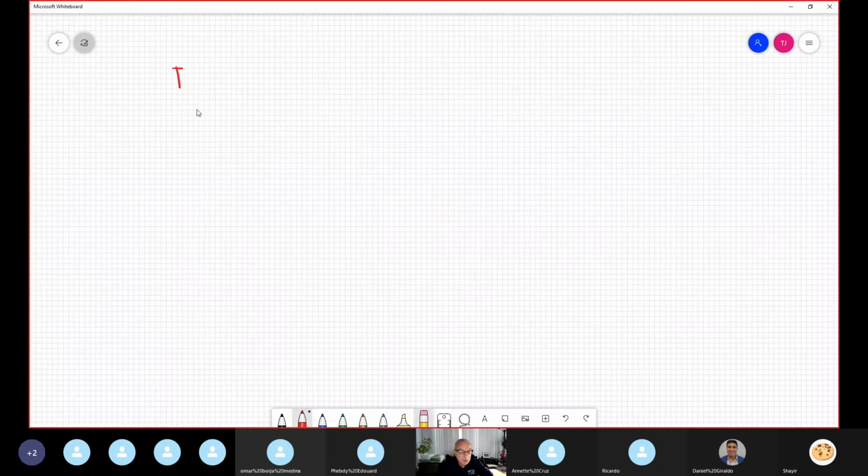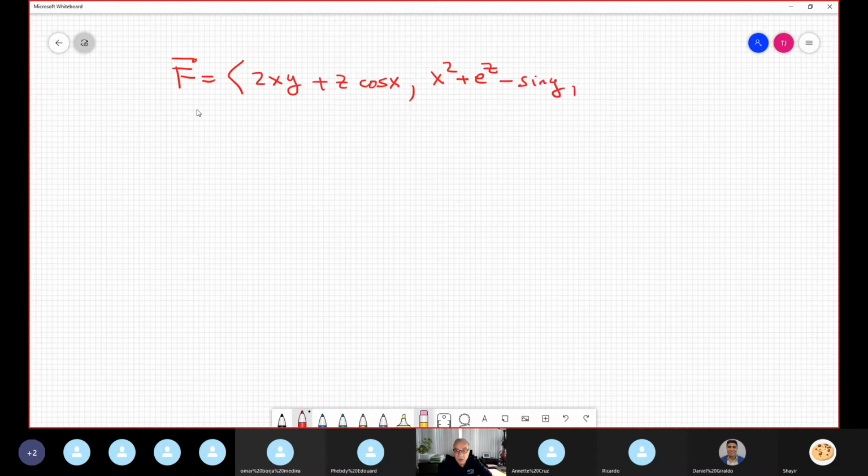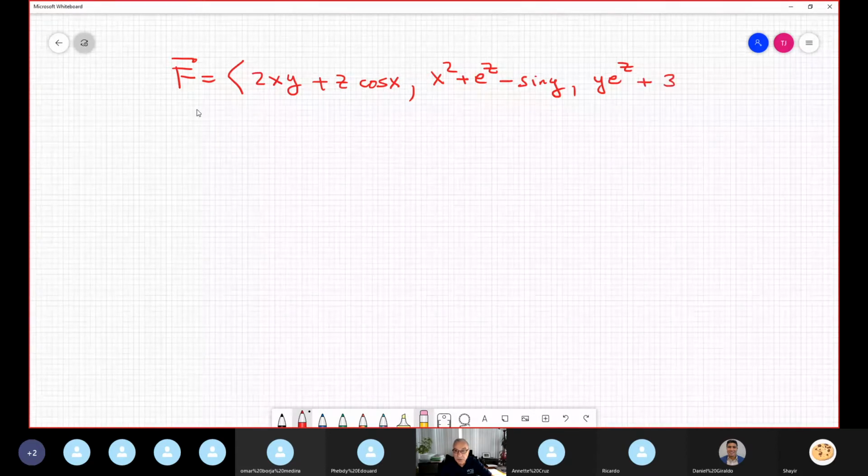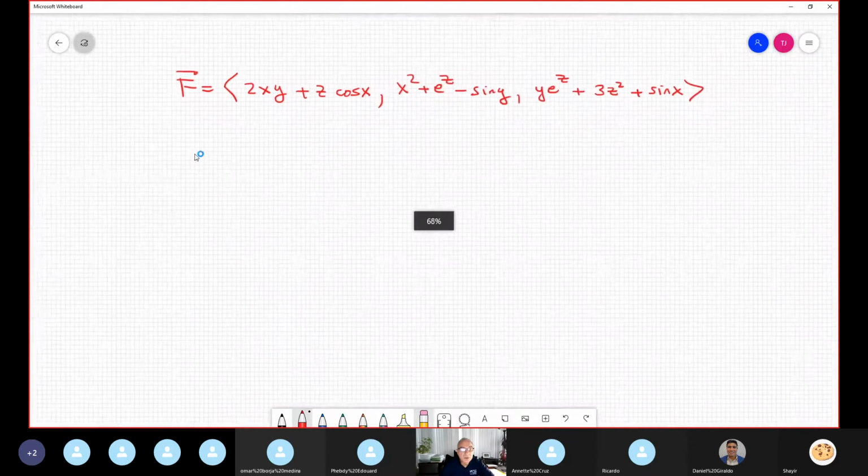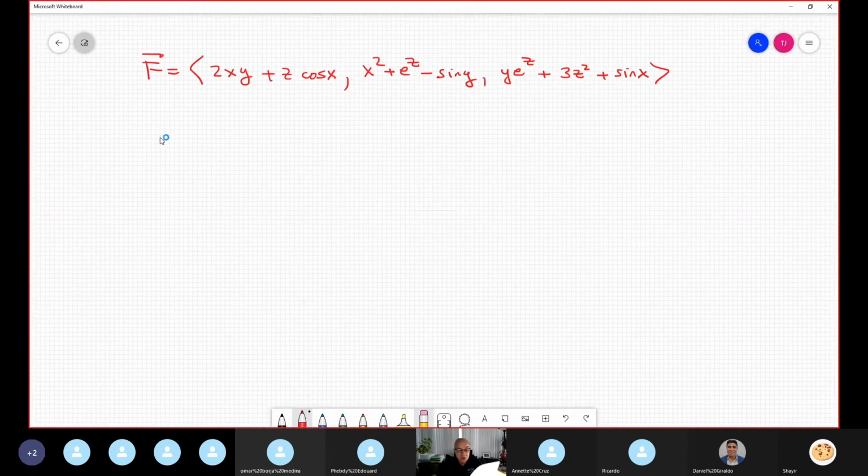In this case the vector field is (2xy plus z cosine x, x squared plus e to the z minus sine y, y e to the z plus 3z squared plus sine x). Wow, too long a vector field. Don't worry, be happy. So, what is the first step?